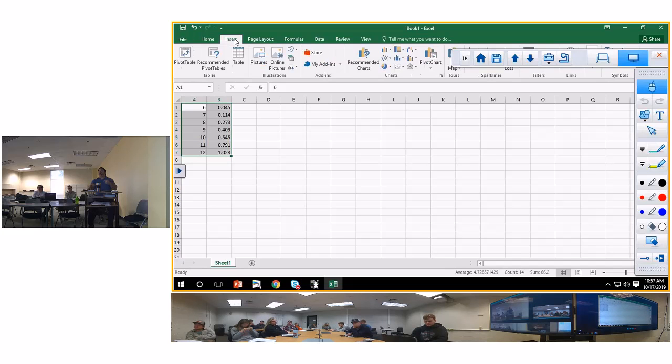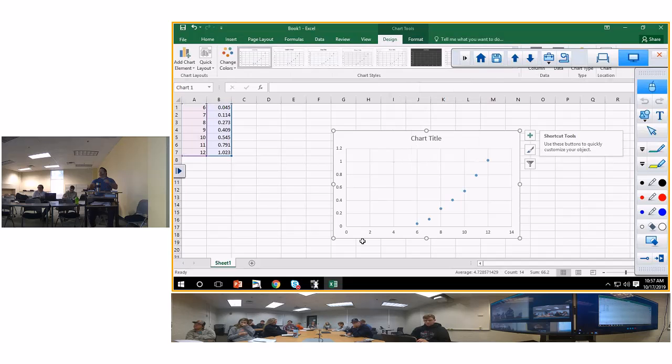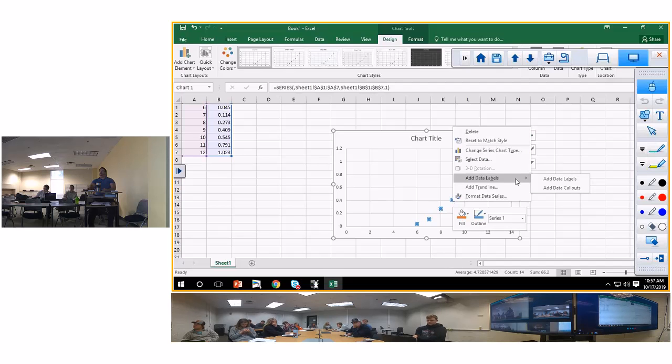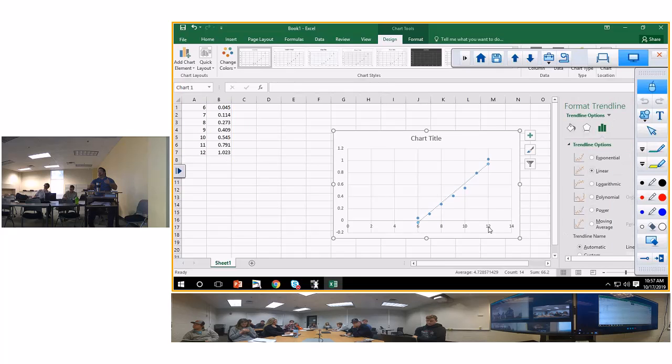Insert scatter plot. There it is. Now, right click on any dot, which turns it to X's. Right click. Have I shown y'all this? Add trend line. Now, here's where you need to know. That's a linear.